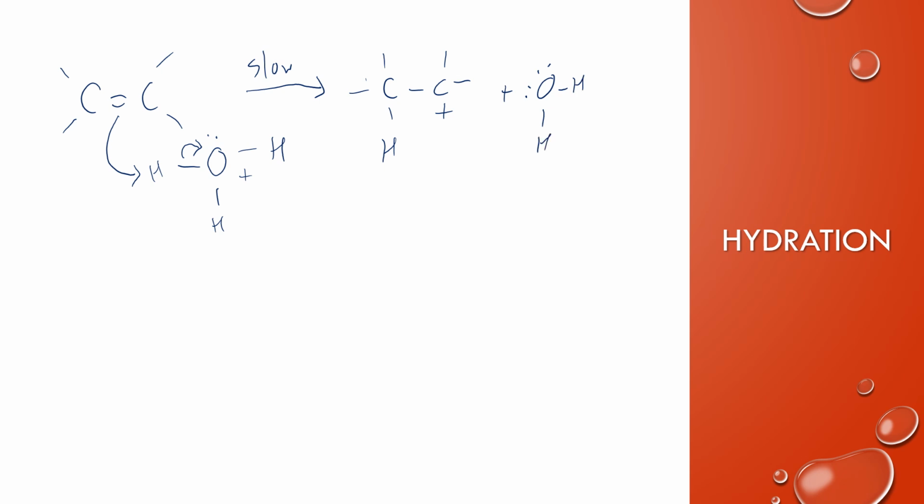Then the lone pair of electrons from the water can be transferred over to the positively charged carbon from the carbocation in our second step, in our fast step, to add like that. But then one of the hydrogens actually leaves to regenerate our hydrogen ions.